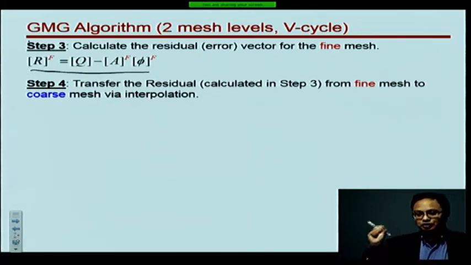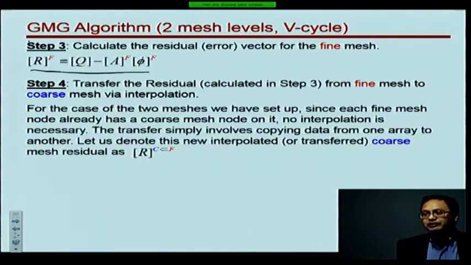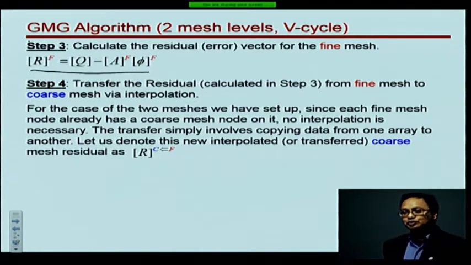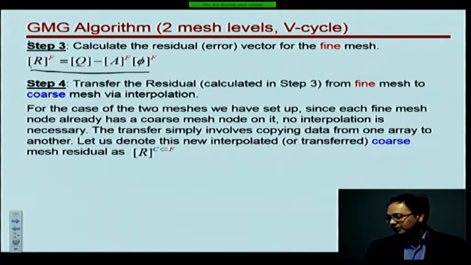They're co-located, and therefore you don't really have to do any interpolation. All you have to do is just copy that data to whatever array you are using for residuals for the coarse mesh. So when you are allocating memory, for example, your residual vector for the fine mesh has size NF times MF.